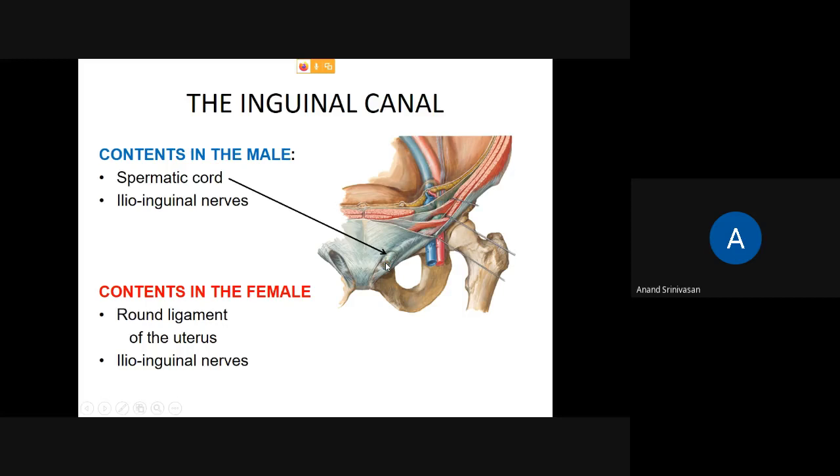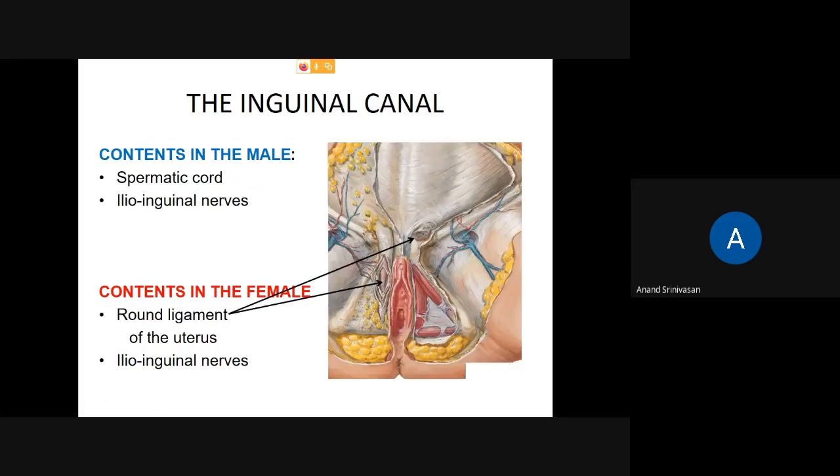Now, since the scrotum is not present in females, that doesn't mean the inguinal canal is not present in females. The inguinal canal is present in females also, but the superficial inguinal ring is not as big as in males.